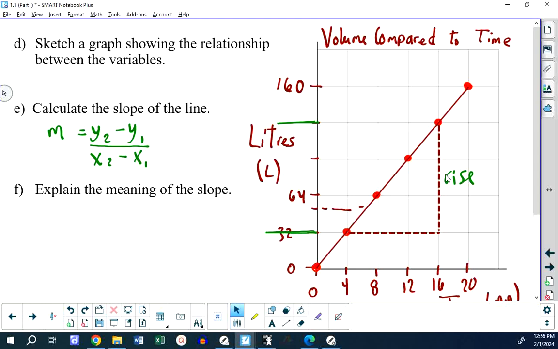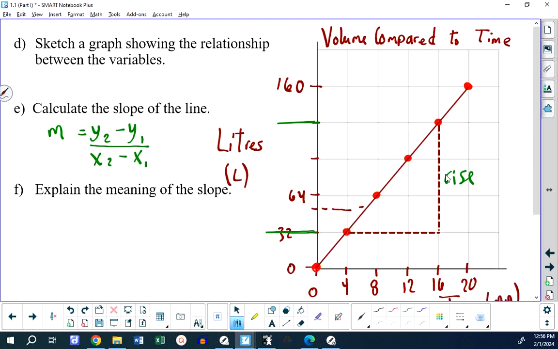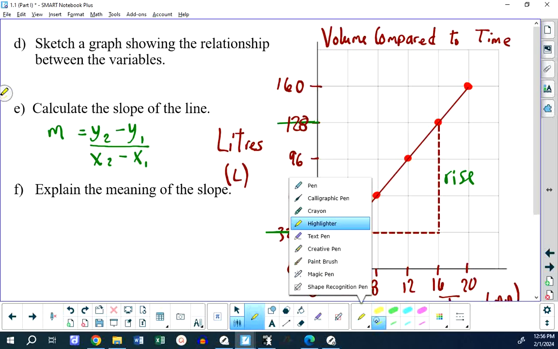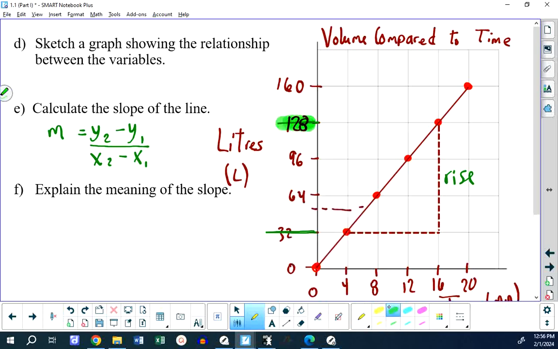And I'm going to move this out of the way so I can write this number in here. 64, 96, 128. Is that the right number? Thank you. So we need to take 128, which is this number here, and subtract 32, which is that number, and I get, I think, 96. Can you confirm that on the calculator? 96?